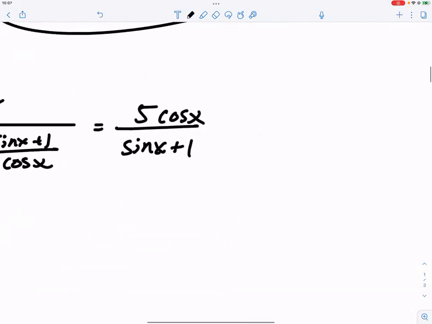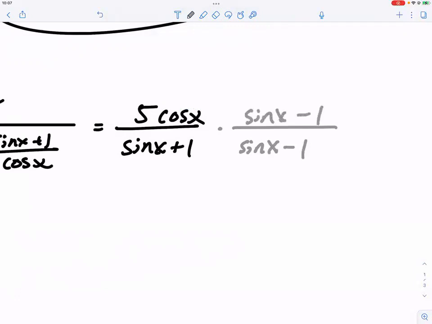Now, don't write this down, but I'm just showing you that I can entertain the idea of multiplying sine x minus 1 and sine x minus 1.